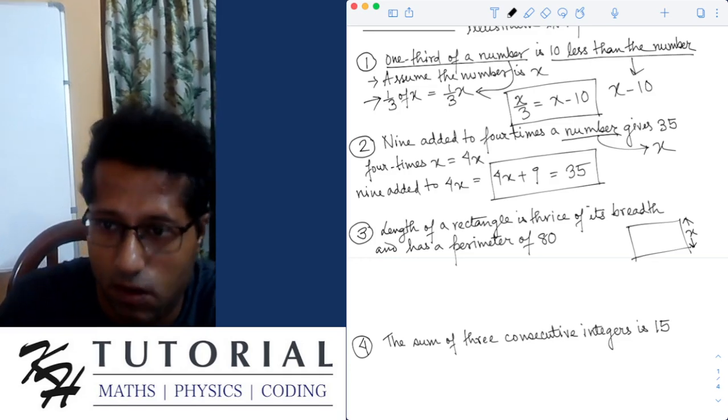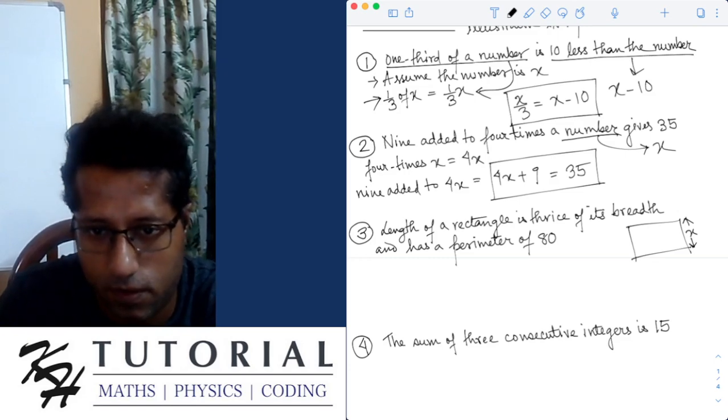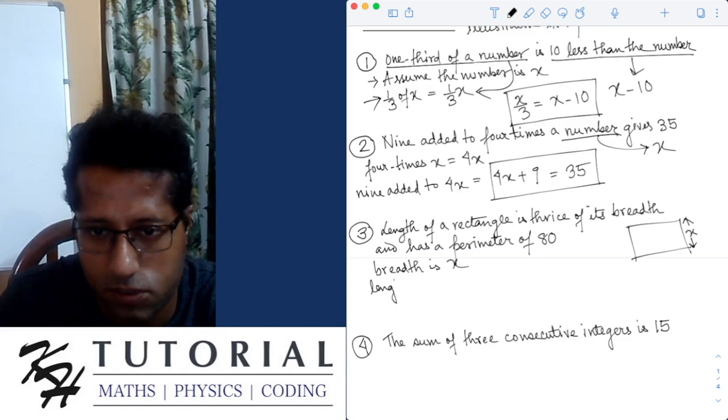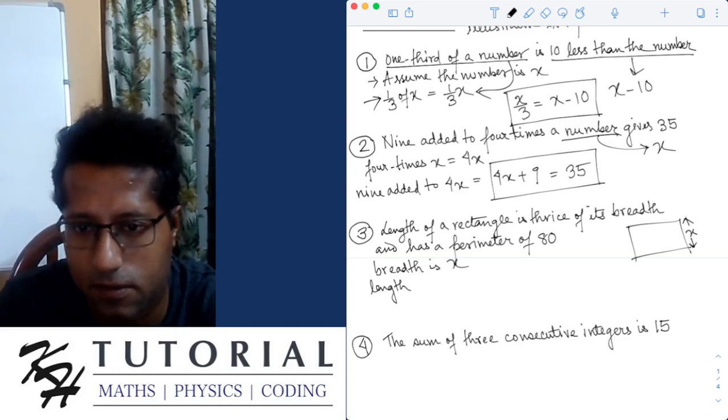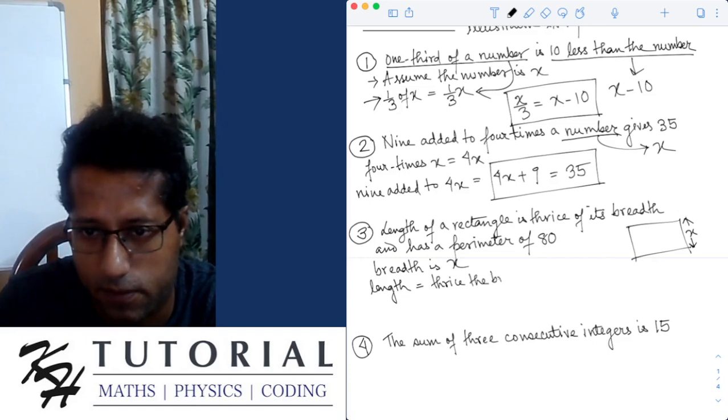So now if we assume that the breadth is x, then from the given word statement, length equals thrice the breadth.